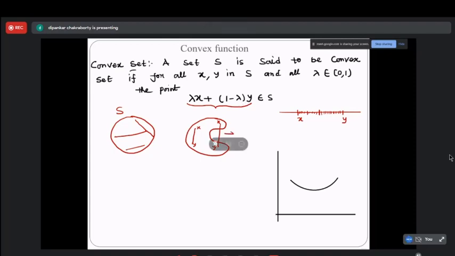No. So this set is a non-convex set. Remember that there is no such set called a concave set. So it is basically a non-convex set, and this one is called a convex set.